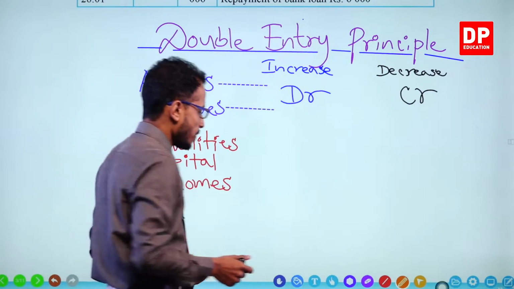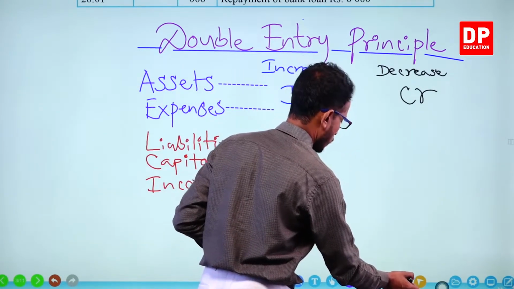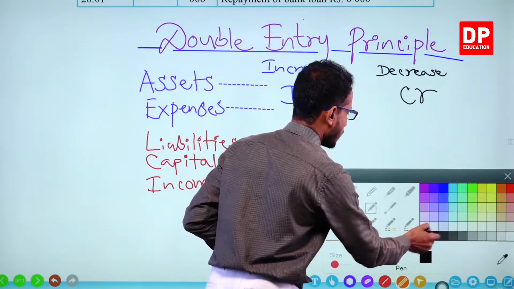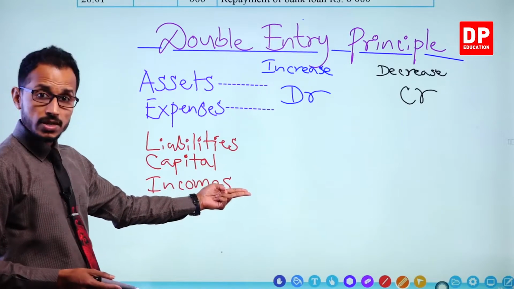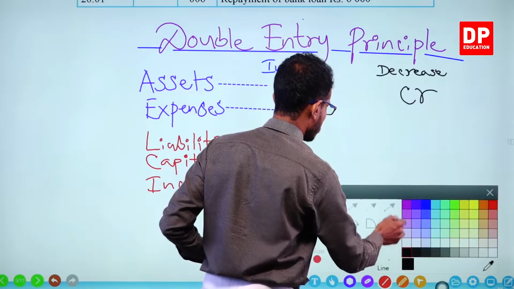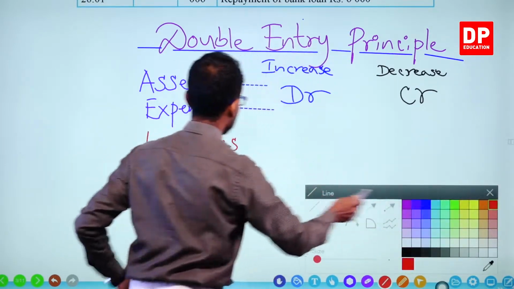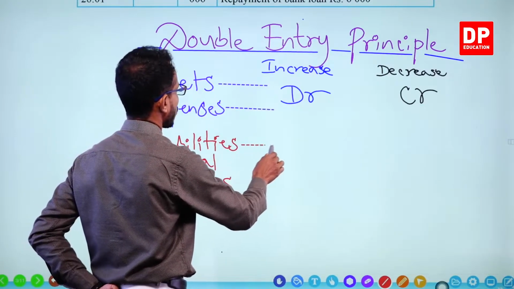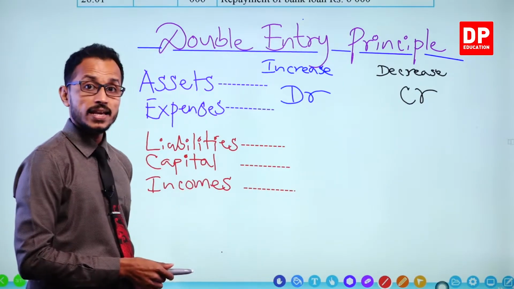Now we'll move down to liabilities. Liabilities, capital and incomes. Increases.